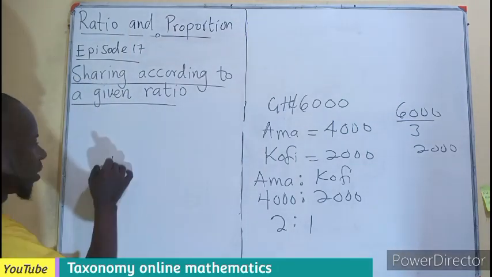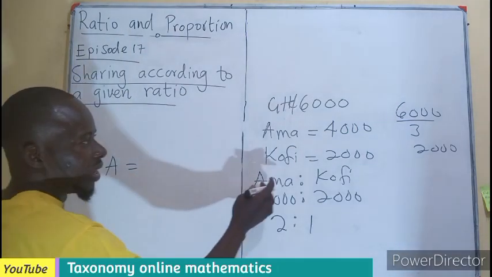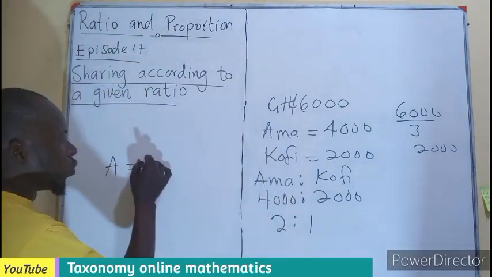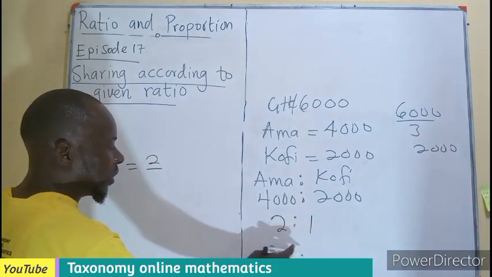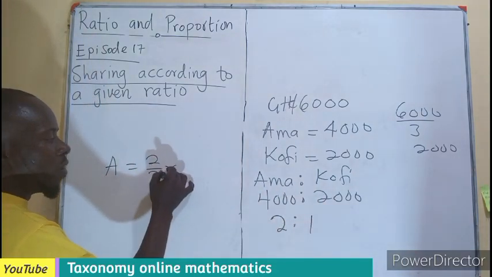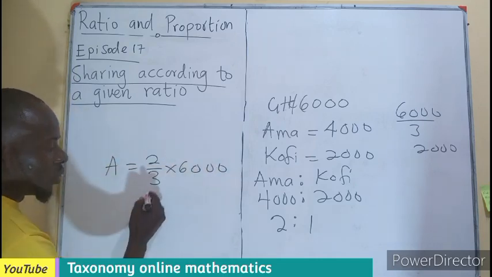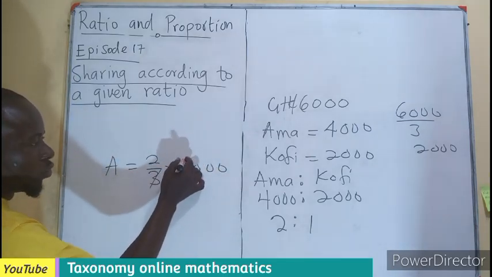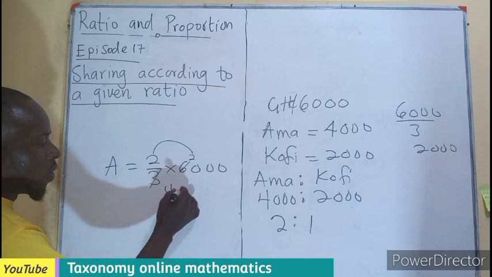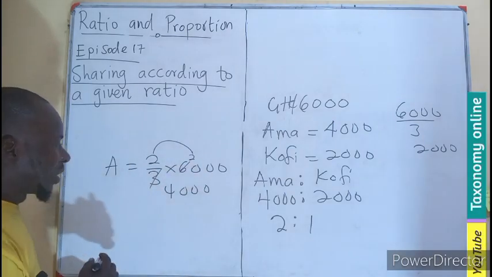Meaning, the share of Ama is 2 out of how many divisions? 3 divisions of the 6,000. 3 into 6 is 2, 2 times 2 is 4. Then we have 4,000.